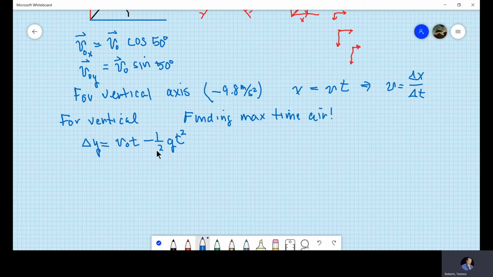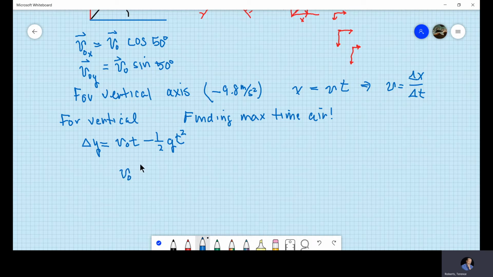Okay, so we're going to take this equation and we're going to make some changes. First of all, what is v sub naught equal to? Okay, well, this v sub naught is really only the component of y. So it should be this, okay?